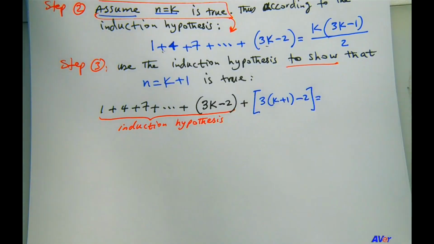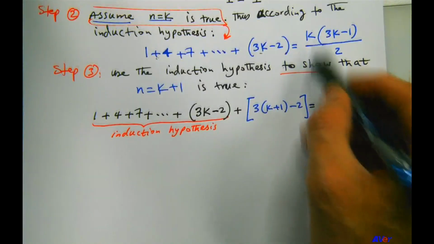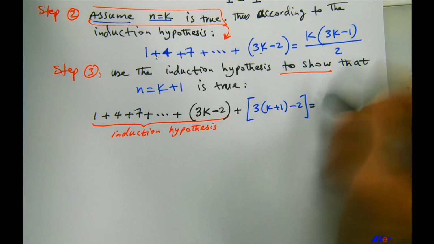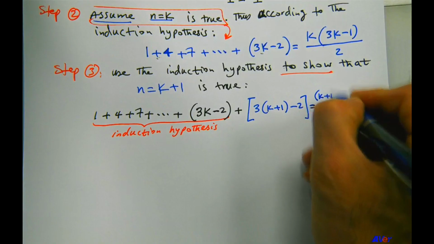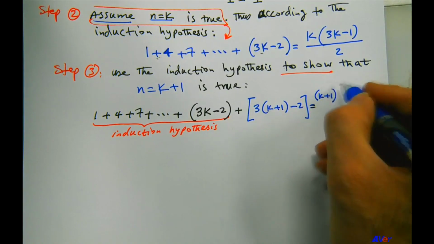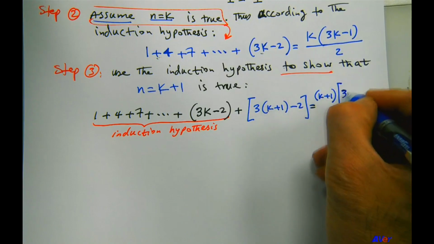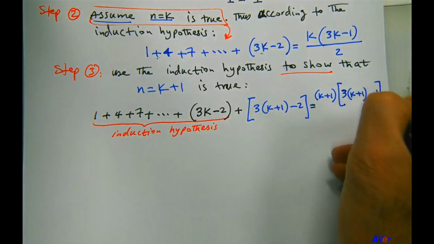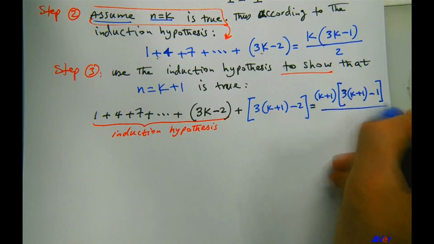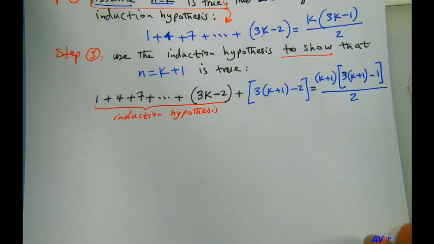Now we do the same thing on the right. I hope I'm not running out of room there. It looks like it. So instead of k, I'm going to plug in k plus 1, right? So k plus 1 times, in there, instead of k, k plus 1 again. 3 times (k plus 1) minus 1, like that, over 2. Okay, like that.